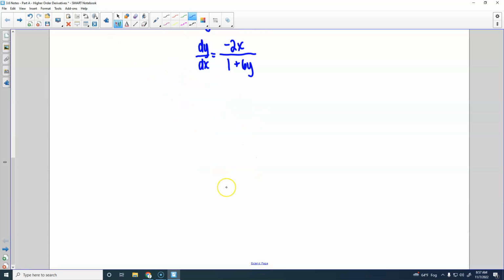Now we need to take the derivative of the derivative. When we take the derivative of dy dx, we get the second derivative, d squared y over dx squared. On the right-hand side, we need to use the quotient rule.